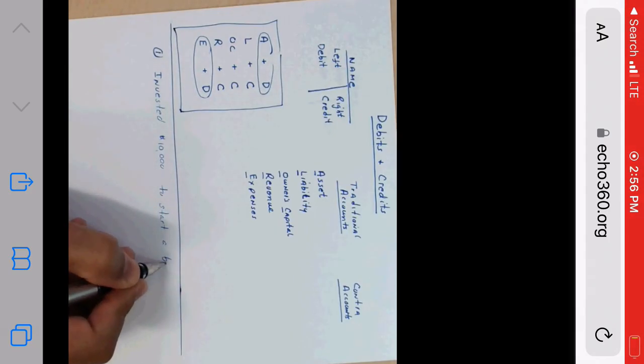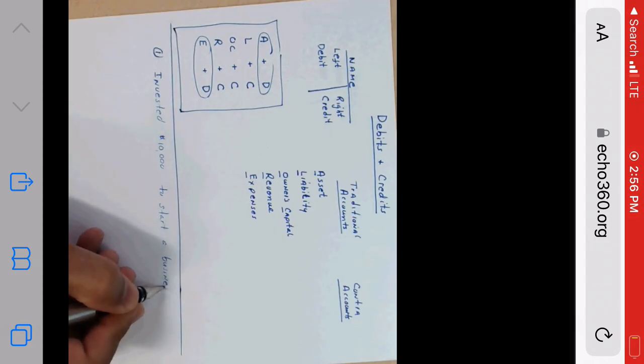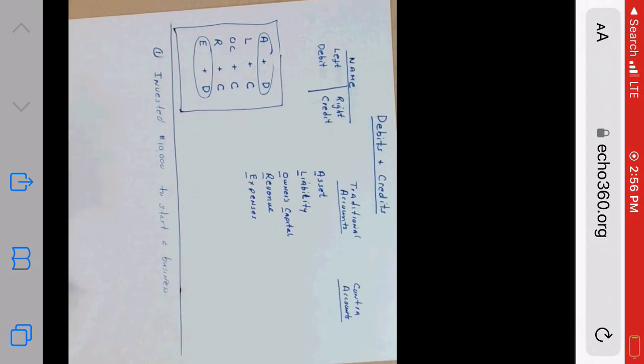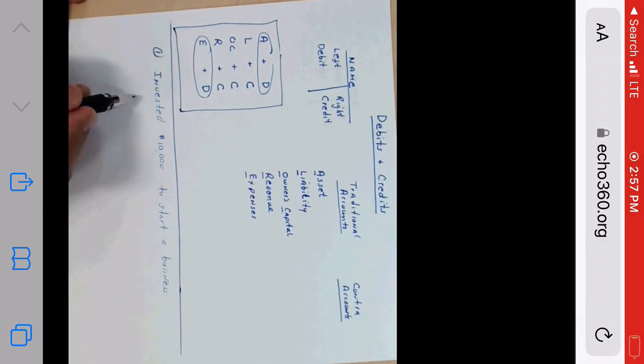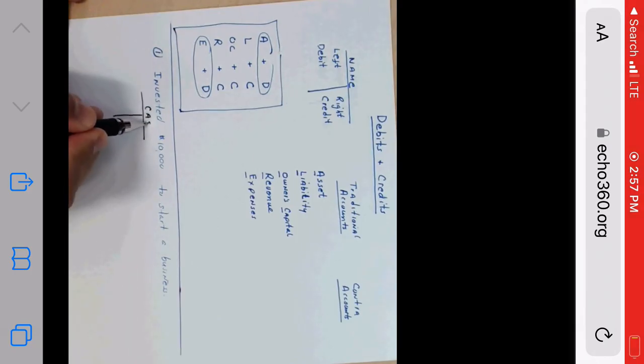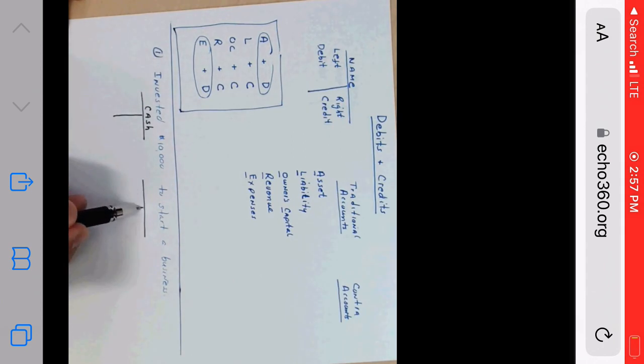Well, this is a transaction, and it has to be inputted into the accounting system. So first thing you're going to do is determine, what accounts are affected? Well, we're investing $10,000 in the business, so we're certainly going to use the cash account. And since we have no other activities going on at this time, the only other account we can possibly use is owner's capital.